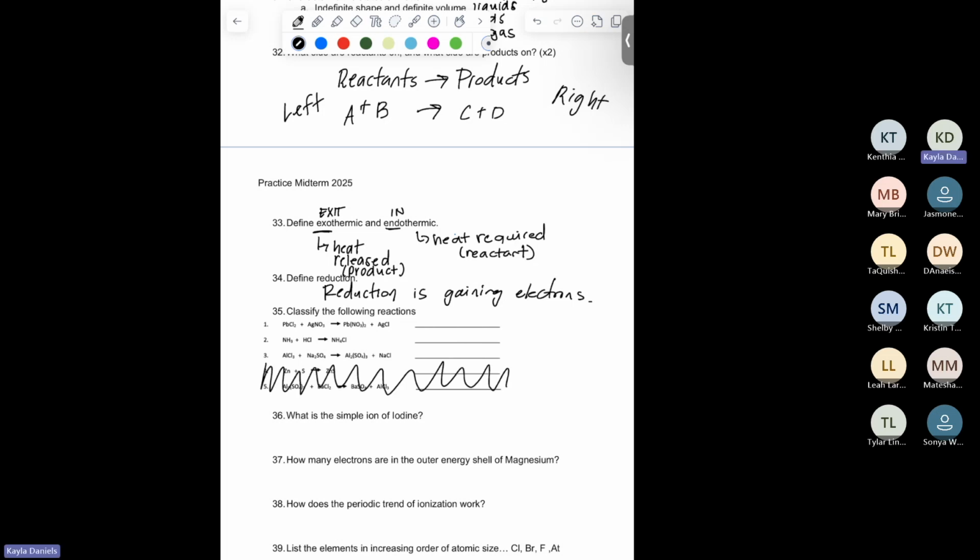All right, so we have synthesis or combination. That's when you have A plus B and they start dating, so they become AB. We have decomposition, so AB breaks up.